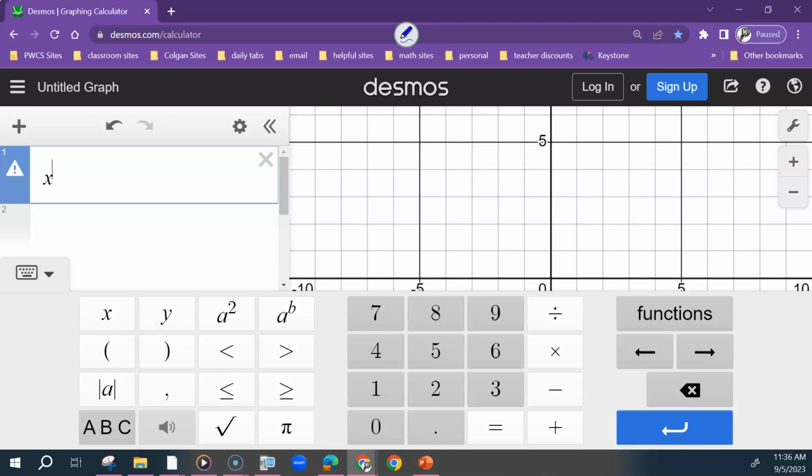Hold shift, and then press 6, and it will raise it to the exponent. Put in whatever you want. There is an absolute value button, the absolute value bars with the A. But if you're typing on your computer, you can also type in ABS with parentheses, and whatever you put in, it will take the absolute value of.